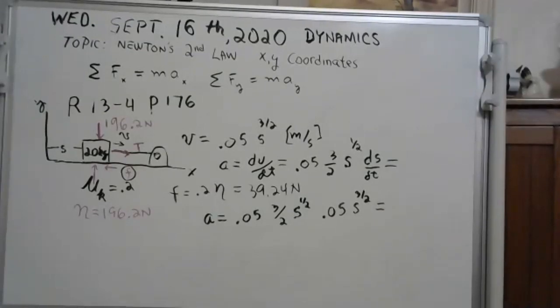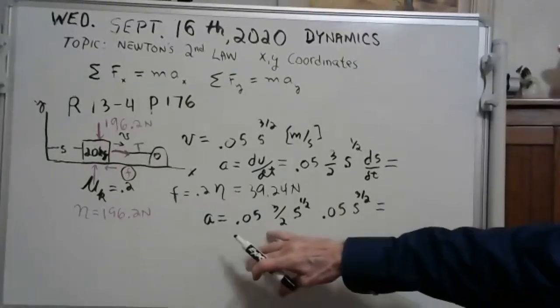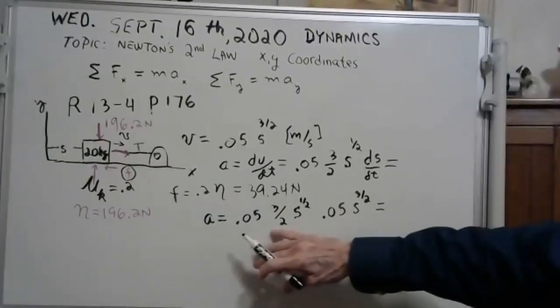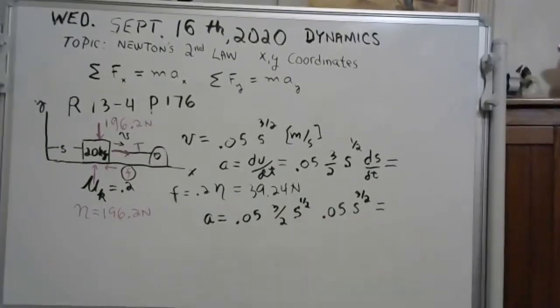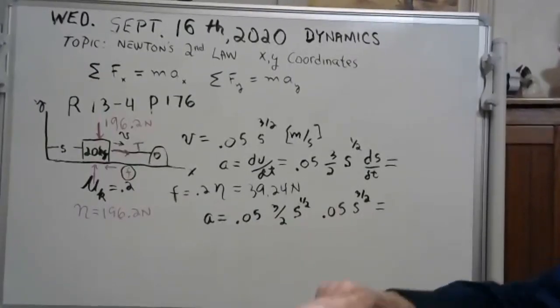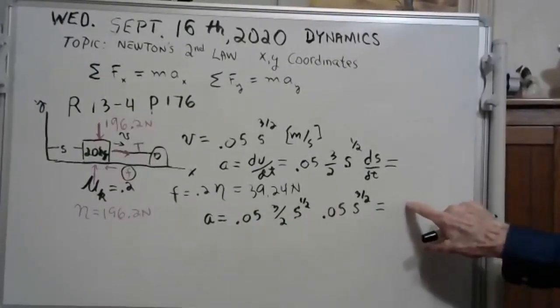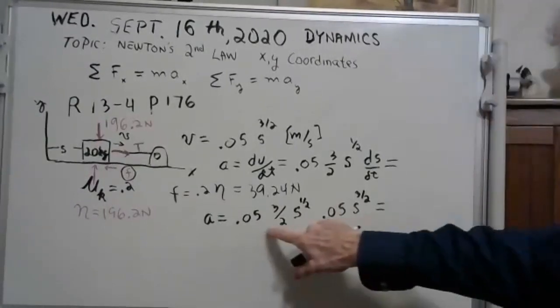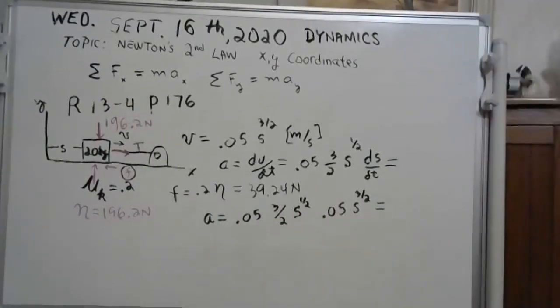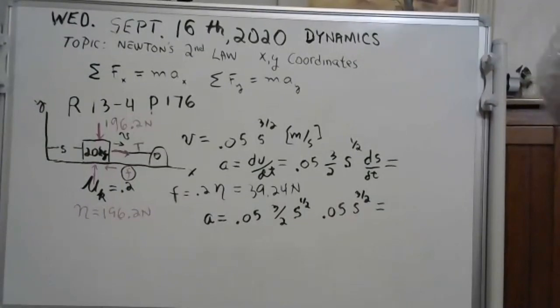I won't pick on you for a while, Jackson. You're off the hook for a few minutes now. But we're going to multiply the numbers, and we're going to combine these s's here. And I'm going to do that, and I want you to do it. And then I'll call on one of my other wonderful students here. So go ahead and clean that up and make it pretty for me. Go ahead.